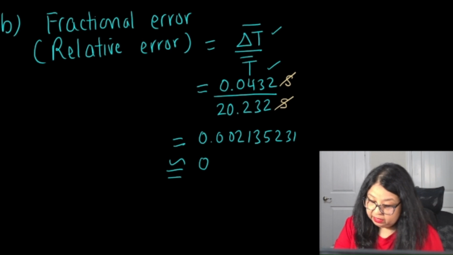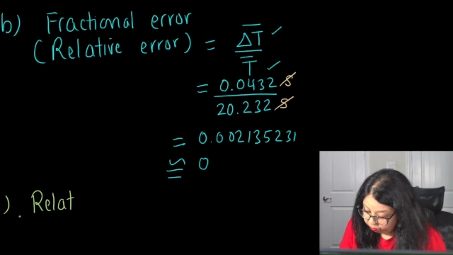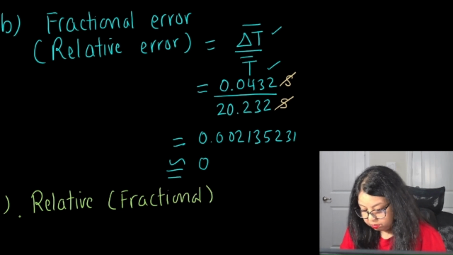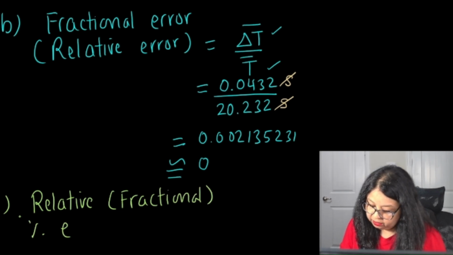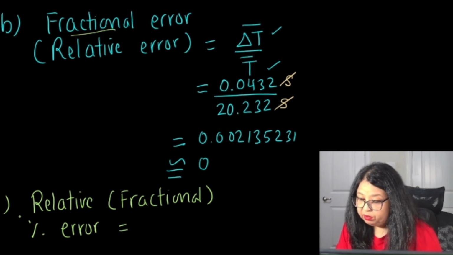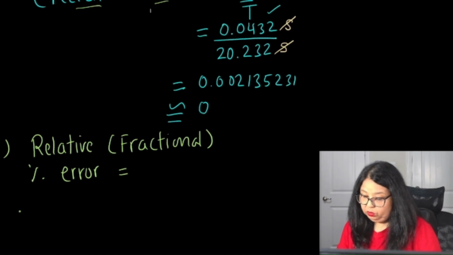Next, we are going to find the percentage error of the relative or fractional error. Percent error is equal to fractional error or the relative error times 100.